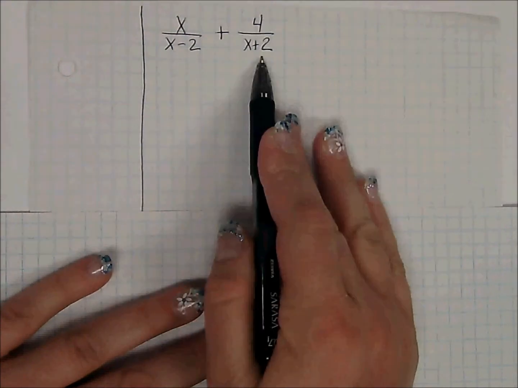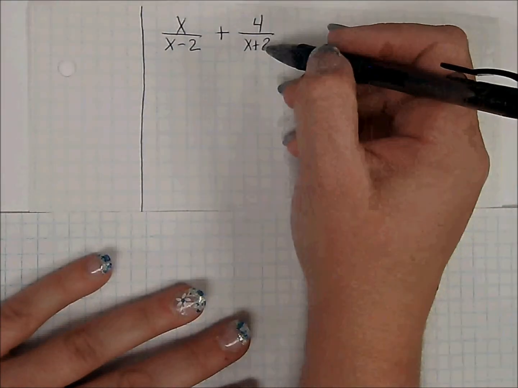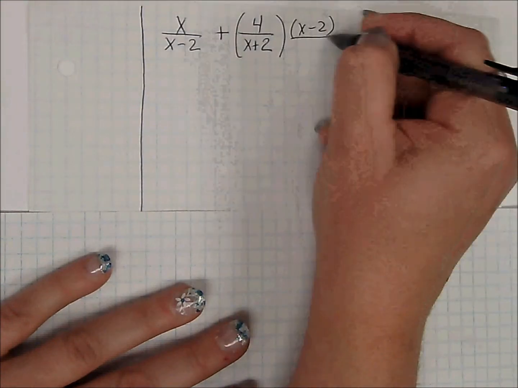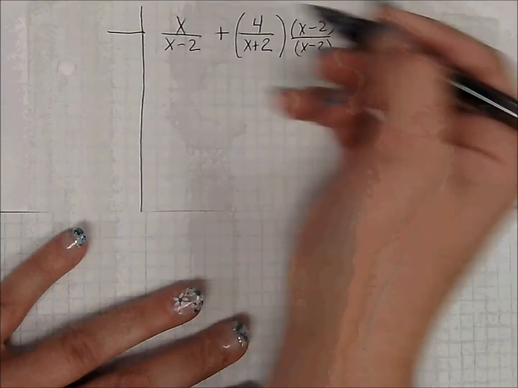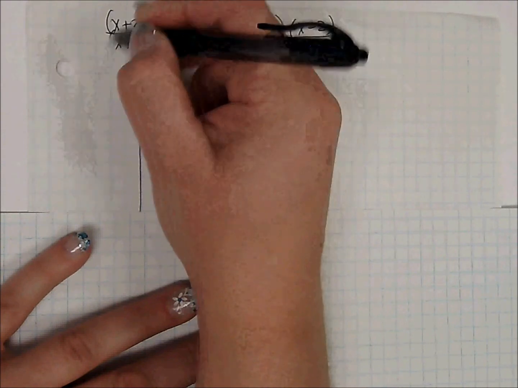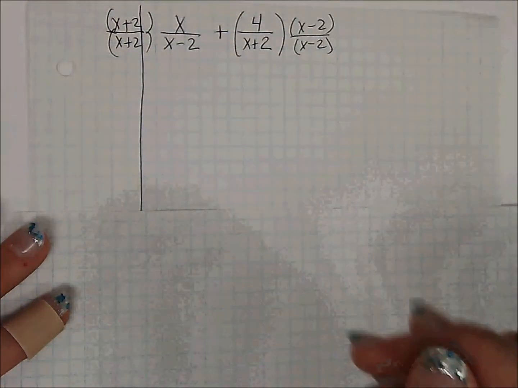Again, different, so I need to look at it carefully. And I say, okay, with this, all I can do is x minus 2 over x minus 2, which equals 1. I can multiply anything times the number 1, no matter what. So if I disguise it as a different number, but it's still 1, it still works.